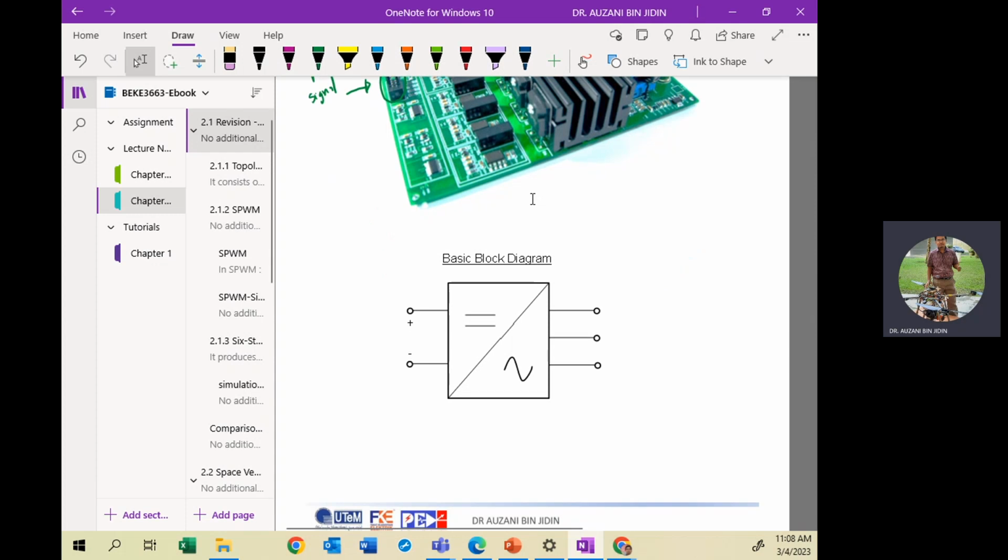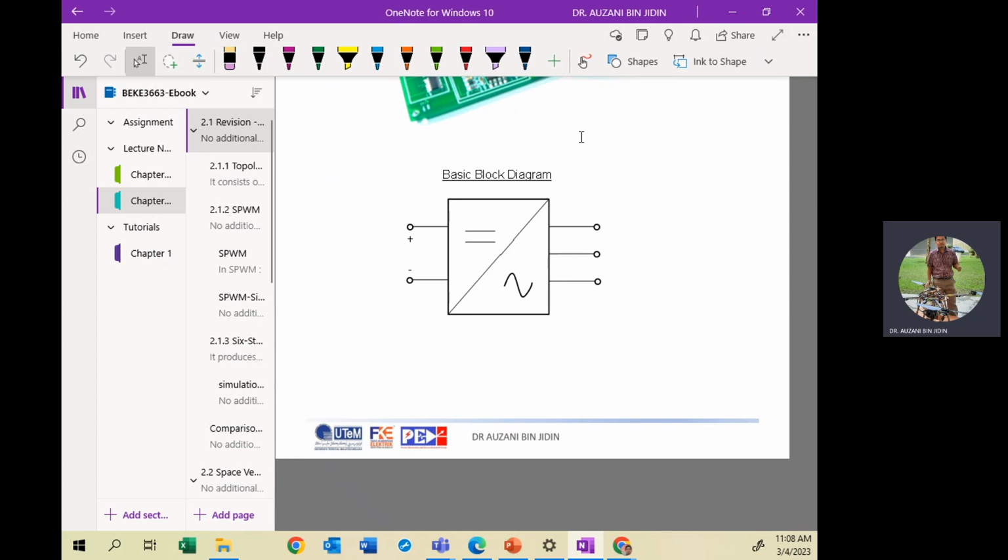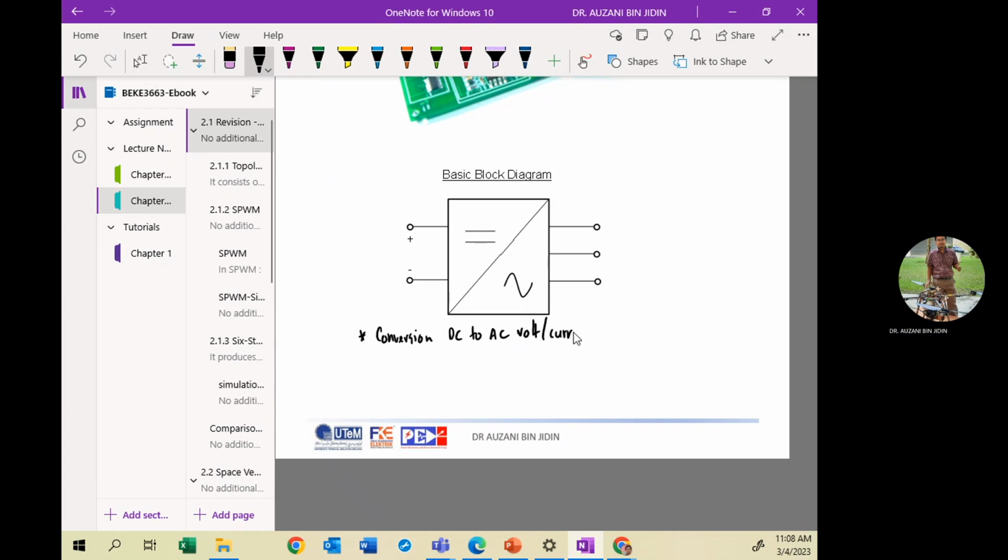Okay, so actually the inverter. You must know the function of the inverter is the conversion of DC to AC, voltage or current.